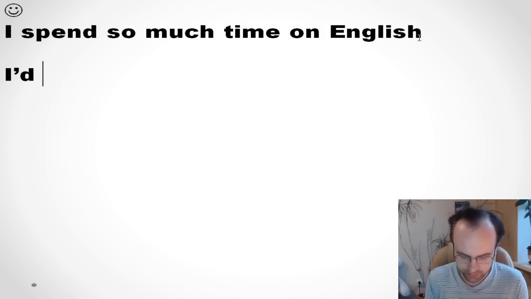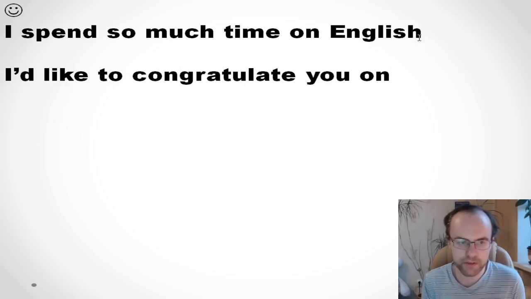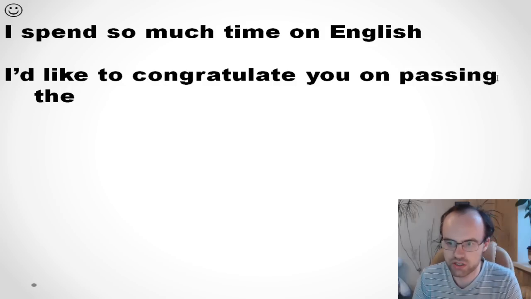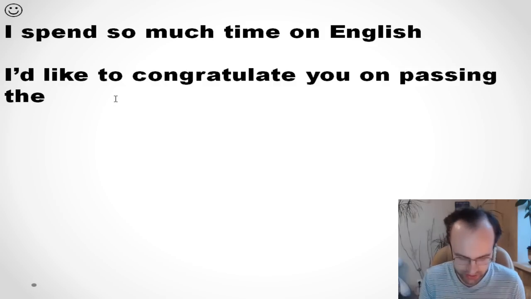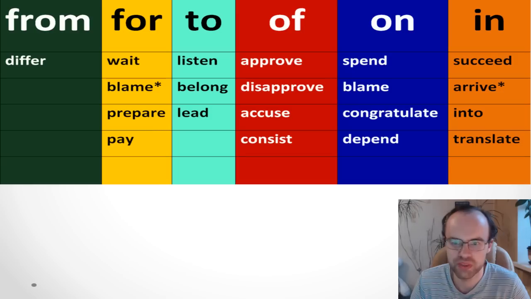I'd like to congratulate you on something or on doing something, on passing the exam. I think it's better to say, on passing the exam. Successfully, of course. Good. I'd like to congratulate you on passing the exam.